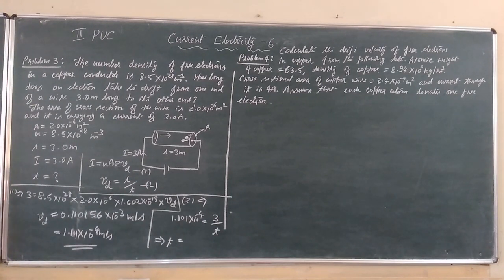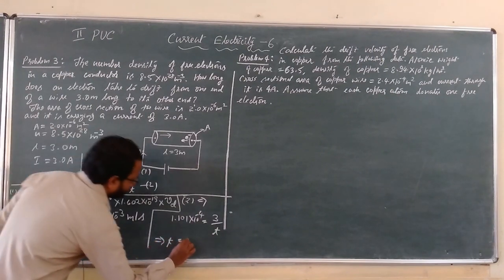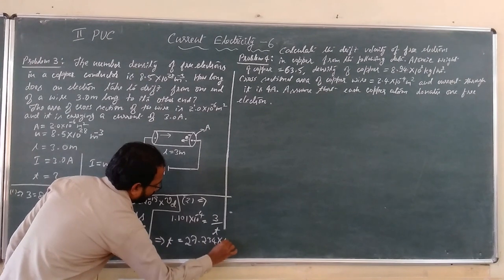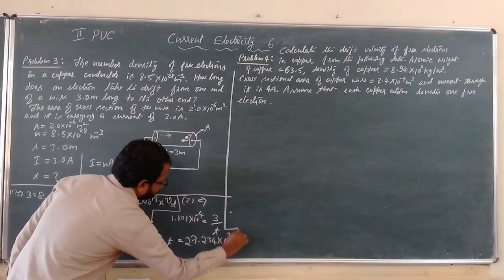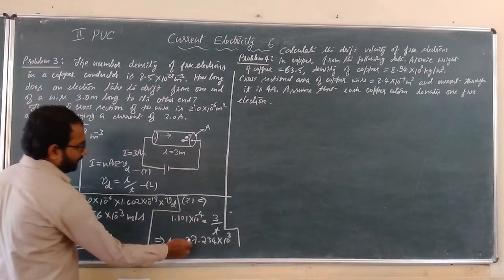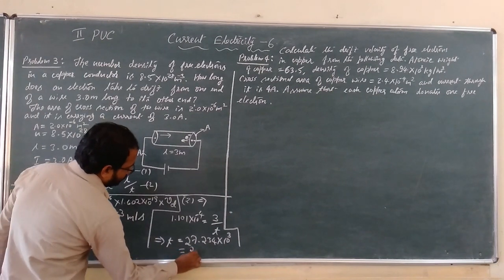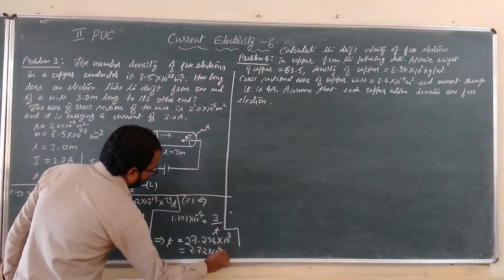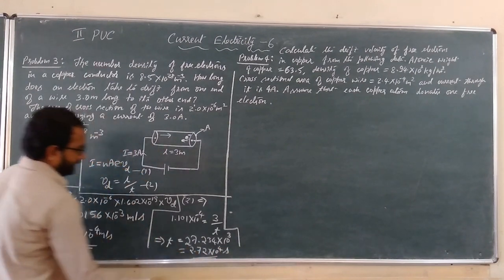Just simplify, you will get 2.72 into 10 to the power of 4, that much of seconds.